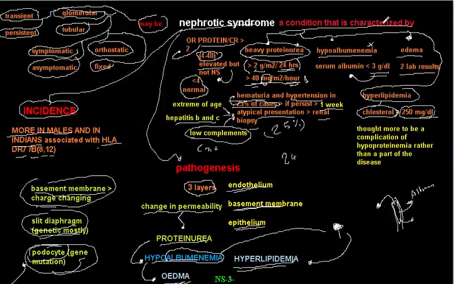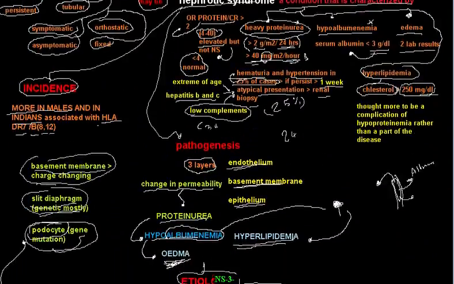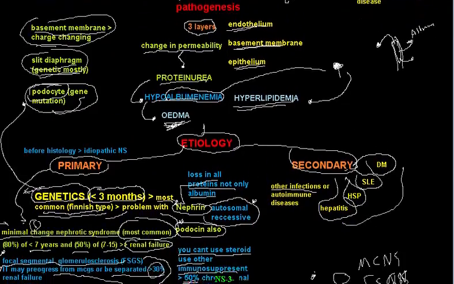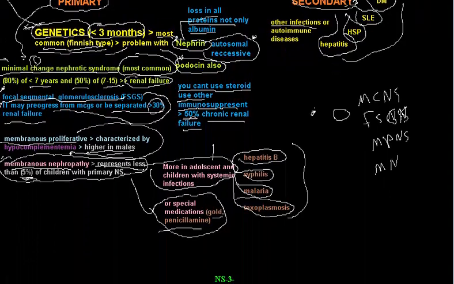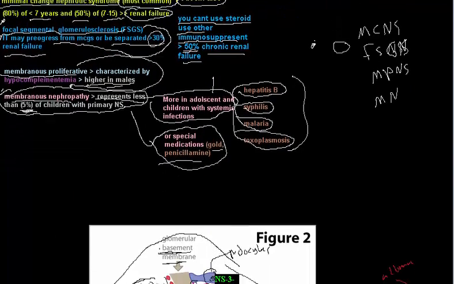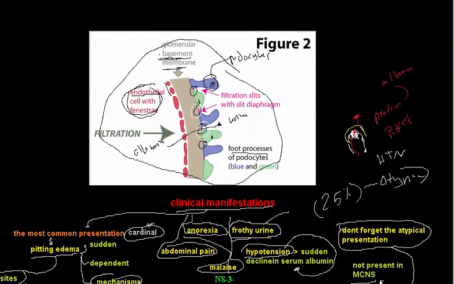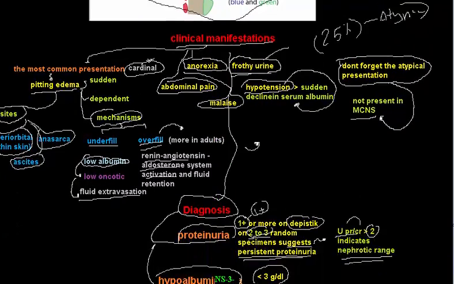Let's recap. We started with the definition of nephrotic syndrome, the pathogenesis, the etiology, primary or secondary nephrotic syndrome, the minimal change, focal segmental, membranoproliferative, and membranous types, and the mechanism. Again, I use this picture.